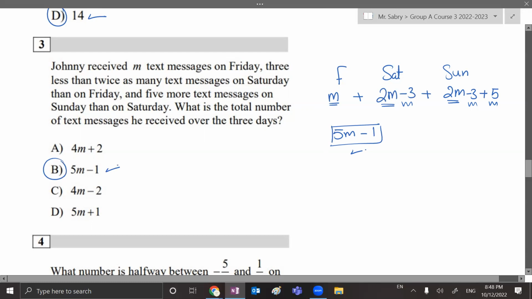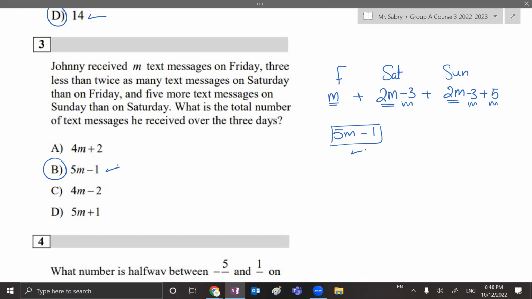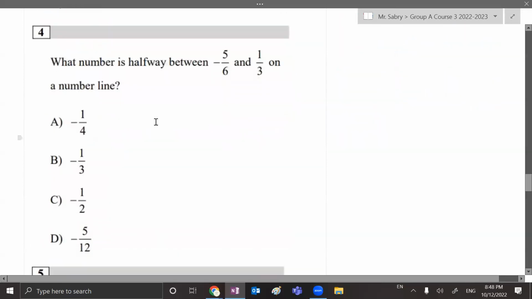Again, does this make sense? What number is halfway between this and that? We took this earlier. The word halfway means it's exactly in the middle, so we're talking about the midpoint.